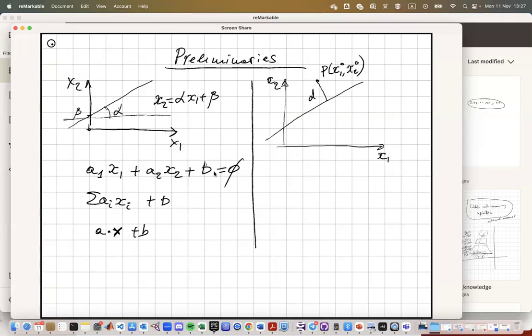One way is to choose a point on this line and build your own coordinate system, calculate the distance to this chosen point, and then apply Pythagoras. But the long story short is that this distance is calculated as follows.